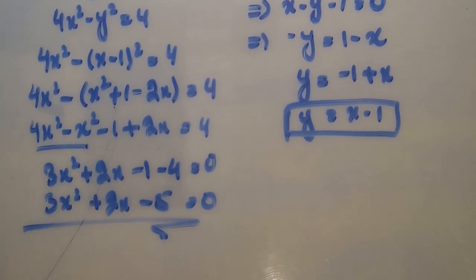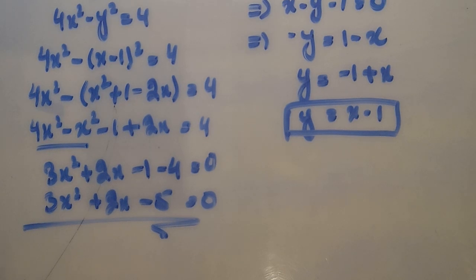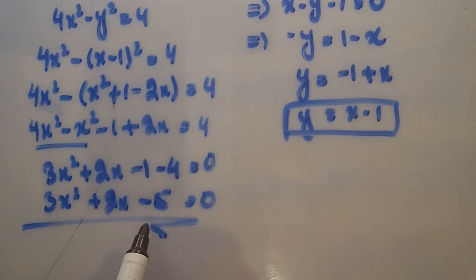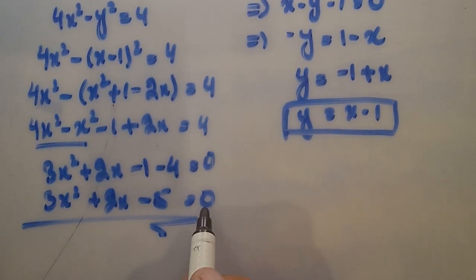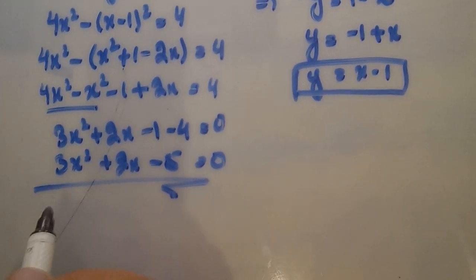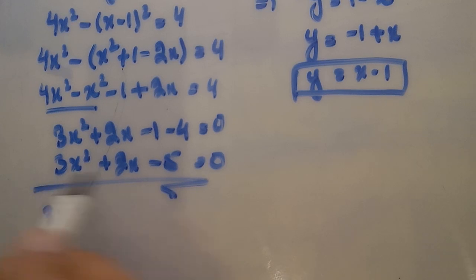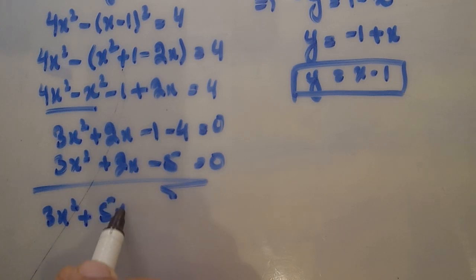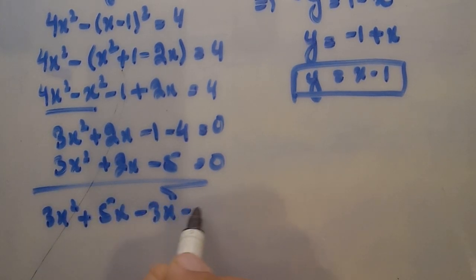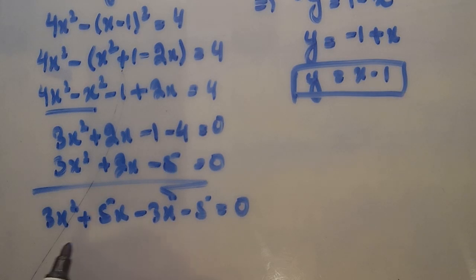Okay, now let's factorize this quadratic equation, and how can we factorize this equation? 3x square, 3 fives are 15, plus 5x minus 3x minus 5 is equal to 0.